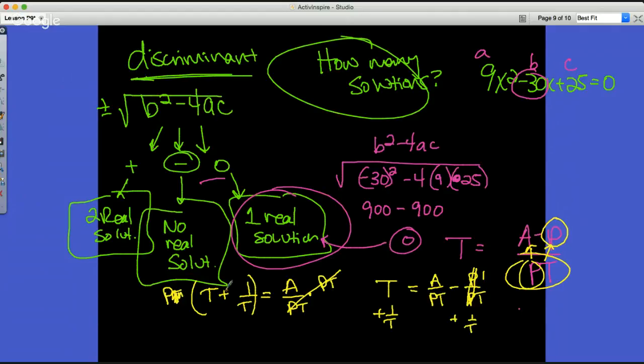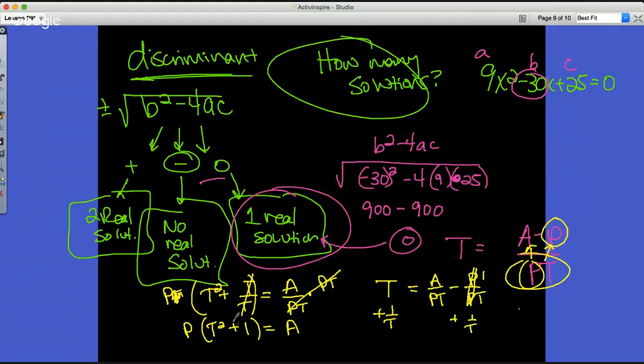But I'm going to distribute the T to where inside it would be T squared plus, and what's T over T? Again, it would cancel, leaving me with T squared plus 1 with a P on the outside equals A.